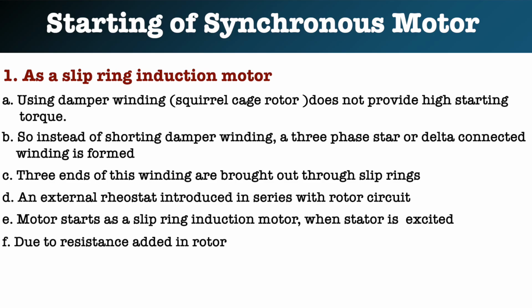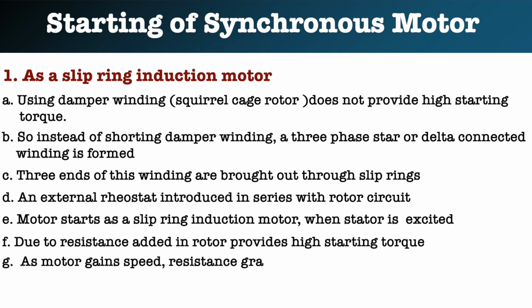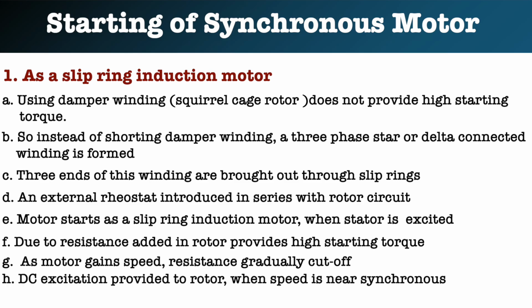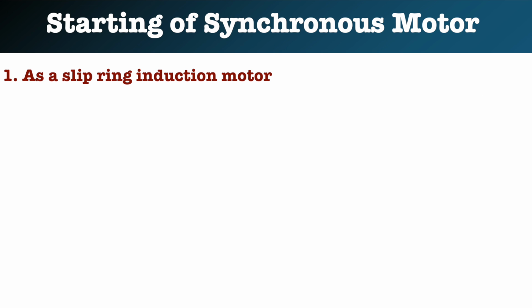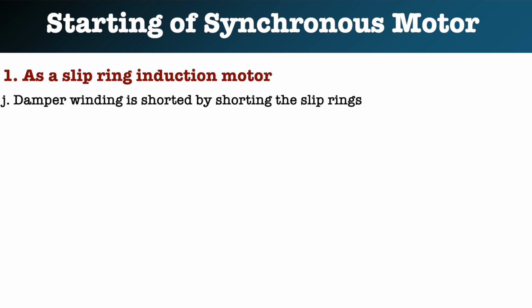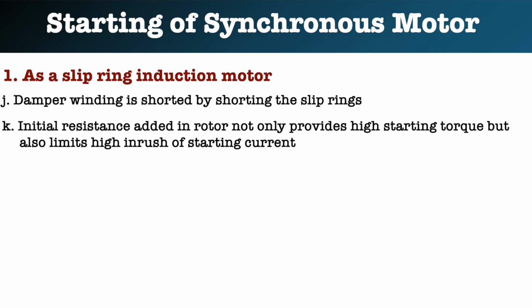The resistance is then gradually cut off as the motor picks up speed. When the motor attains a speed near the synchronous speed, DC excitation is provided to the motor. Thus, the motor gets pulled into synchronism and starts rotating at synchronous speed. The damper winding is shorted by shorting the slip rings. The initial resistance added in the rotor not only provides high starting torque but also limits the high inrush of the starting current.